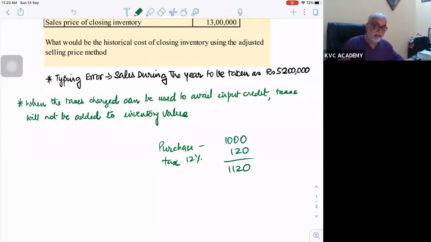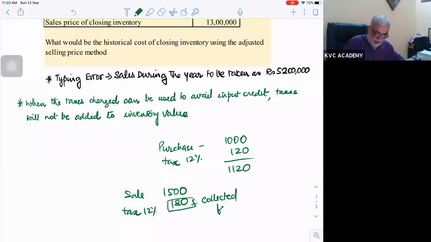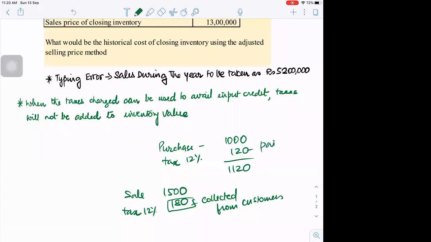Now when you sell, let us suppose you sell it at 1500. You have to charge tax at 12%. So that would become 180. You are collecting this tax. This is collected from customers. This is paid to suppliers.